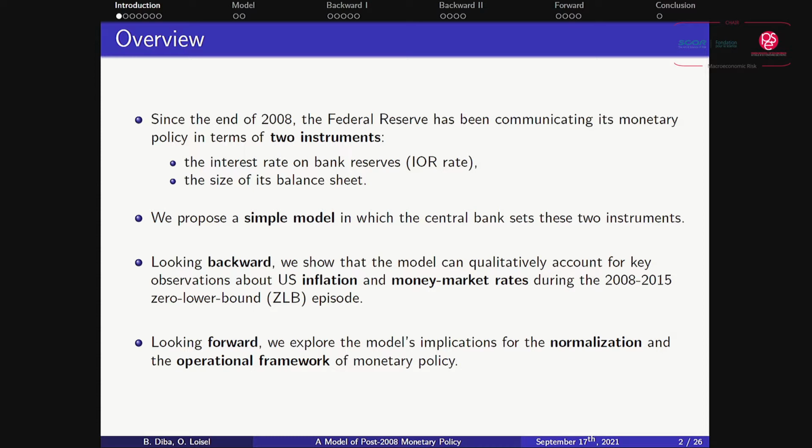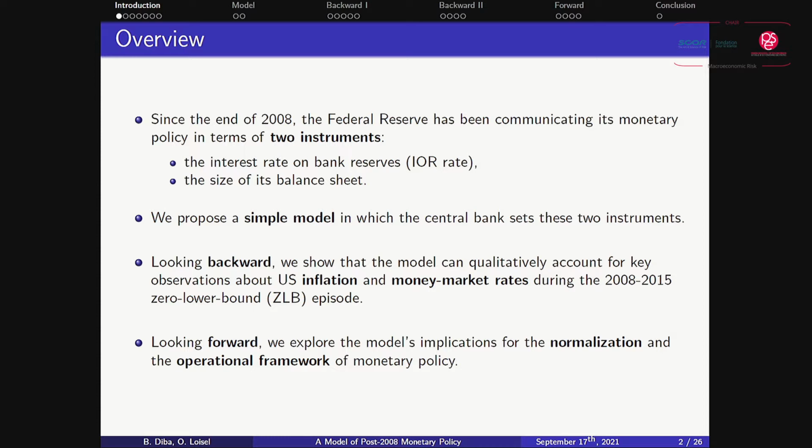By normalization here, I mean what happens to inflation and output when the central bank starts to raise its policy rate from zero or to reduce the size of its balance sheet, or what happens when the central bank announces that it plans to raise the policy rate from zero and reduce the size of the balance sheet. In the operational framework, we're going to consider basically two systems, the corridor system and the floor system. So in a nutshell, that's what we're doing in the paper.